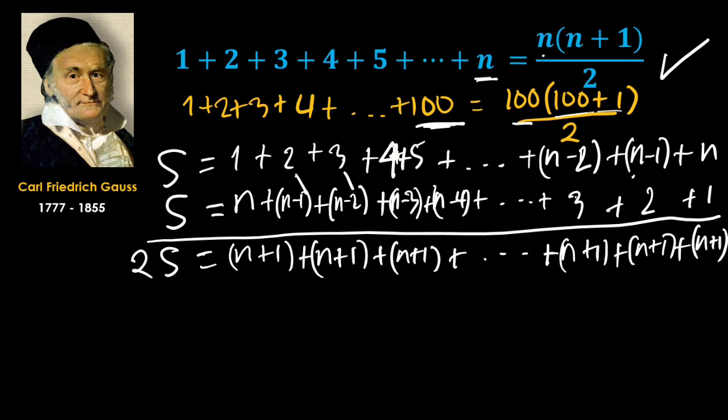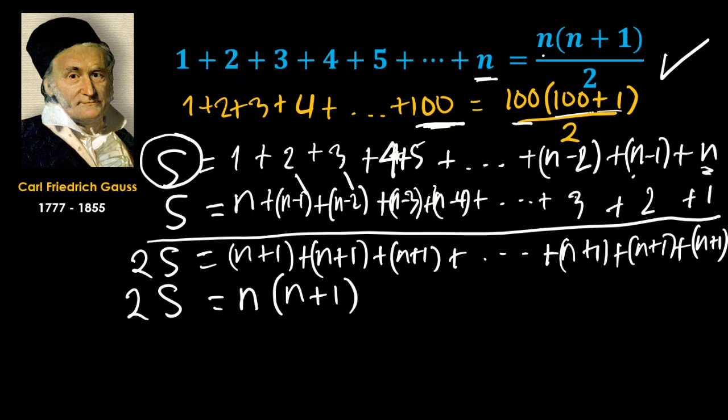How many n plus 1 did we add together? You see this? That's 1 plus 2 plus 3 up to n. So there are n terms of it. Therefore, this is 2S equals n terms, or n times n plus 1. So solve only the S, because this is the sum that we really want to get.